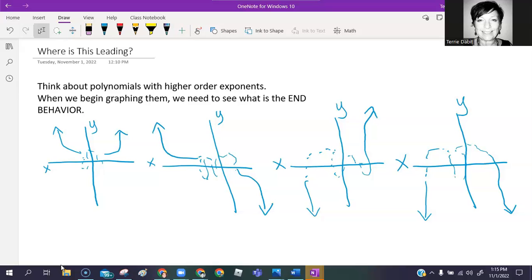But all this is doing is telling us what the end of it is doing. And keep in mind that if you're going all the way this way, that's negative infinity. If you're going all the way this way, that's positive infinity. Because you notice that I put arrows on the end of them.